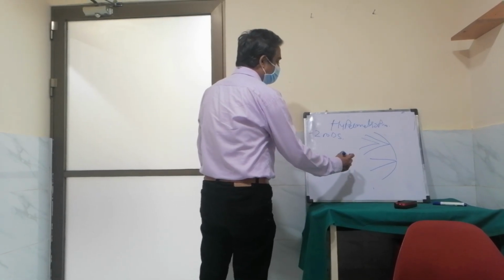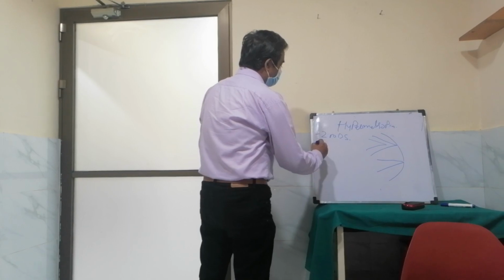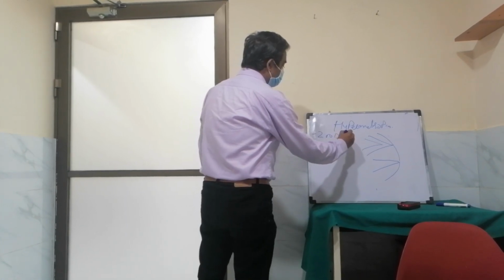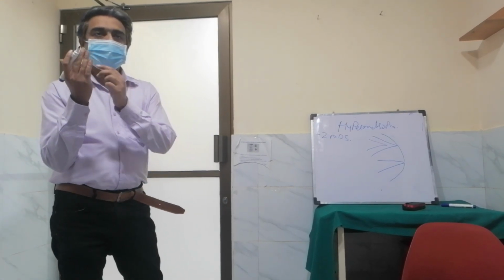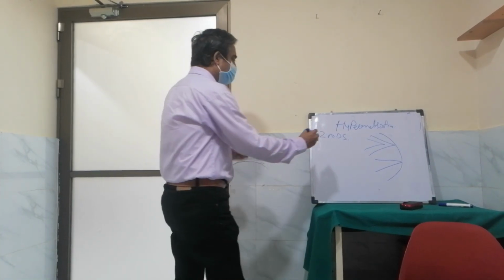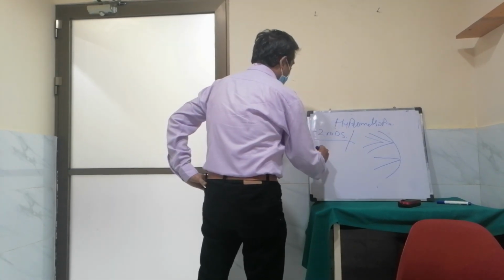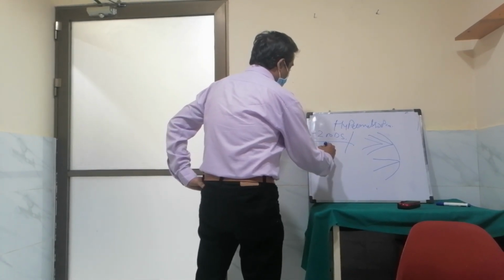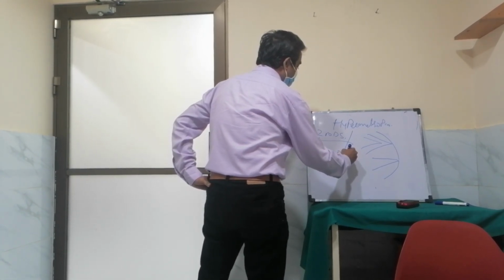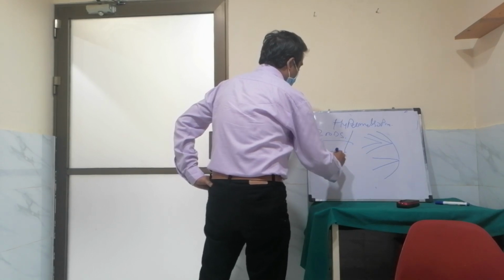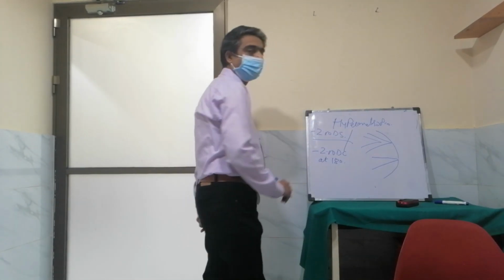So you will have to add cylindrical lenses at a special axis. Maybe -2 diopter cylinder at 180 degrees.